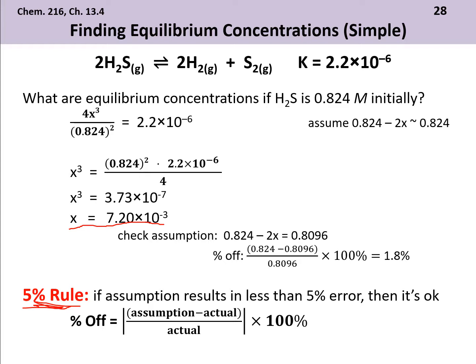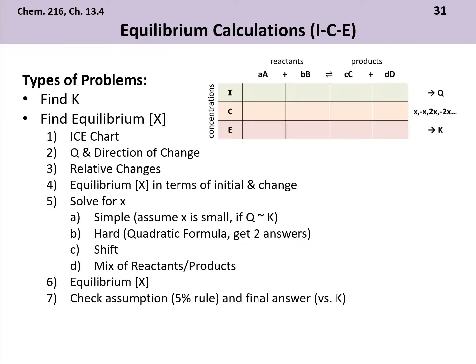So this is a good assumption. It's less than 5%. Okay. On the board, you can see it again. I did assumption minus actual over actual, and I made sure it was less than 5%. Okay. So that is a simple way to do an ICE chart.